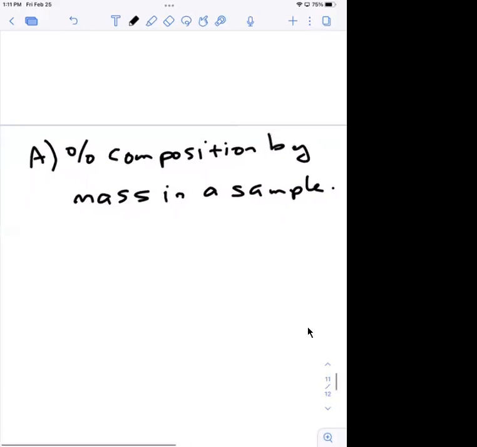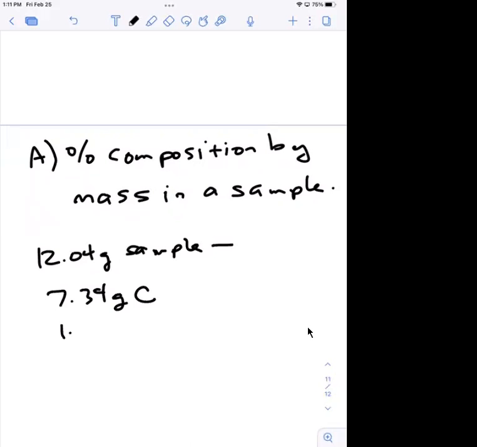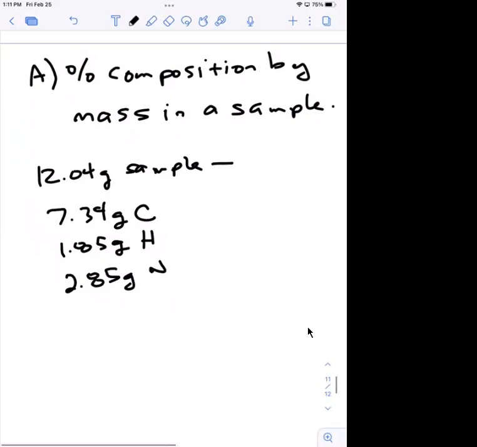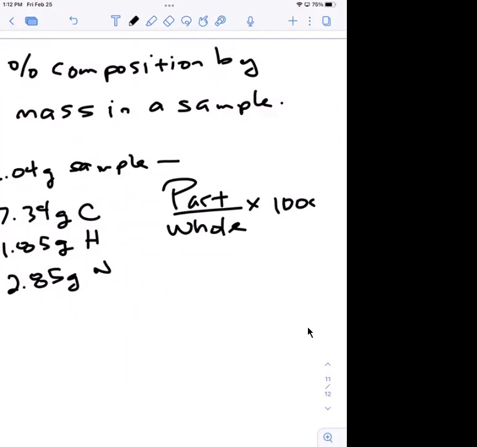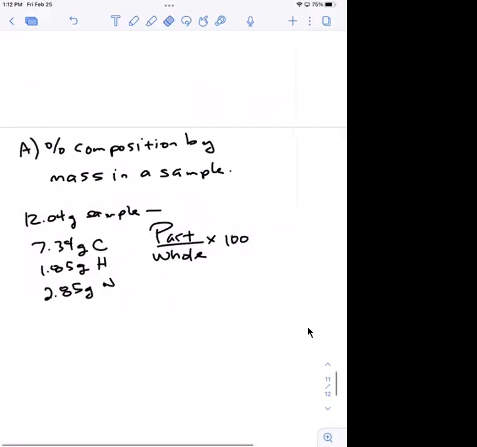So let's say we have a 12.04 gram sample, and it's composed of 7.34 grams of carbon, 1.85 grams of hydrogen, and then 2.85 grams of nitrogen. All this really is, is a fraction, part over whole times 100. That's how we determine the percent composition.